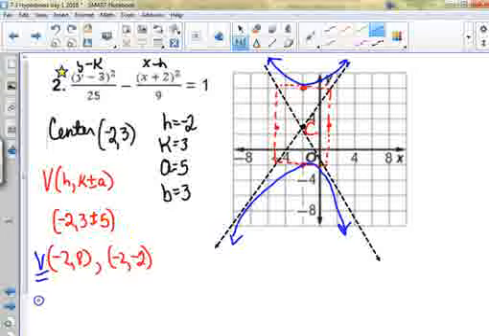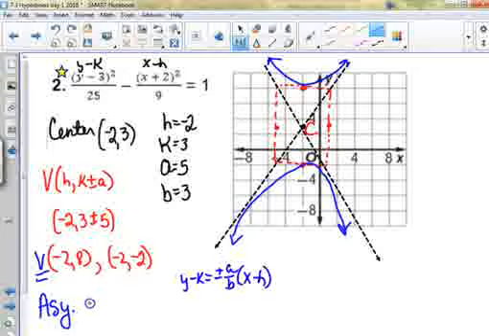How do I do asymptotes? Okay, the formula when it opens up and down is y minus k equals plus or minus a over b, x minus h. I don't ever use that. I use point slope. I know it goes through this center. So I go y minus 3 equals plus or minus. And then I just go back here. What was under the y and what was under the x? 25 and 9, but this was 5 squared and 3 squared.